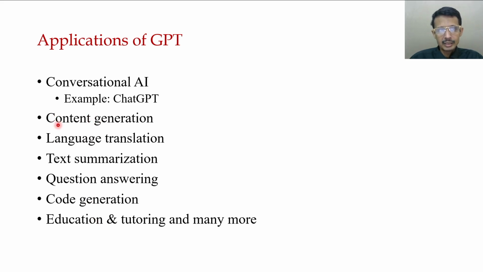Since it's a generative model, it does content generation. It can translate one language to another. Given a text, it can summarize it. Given a question, it can answer. Some code it can generate. And for education and tutoring purposes also GPT is used.